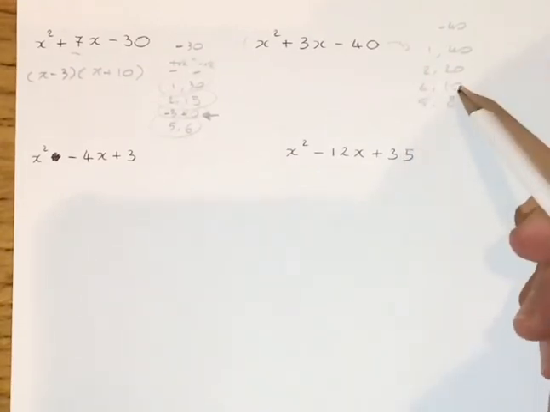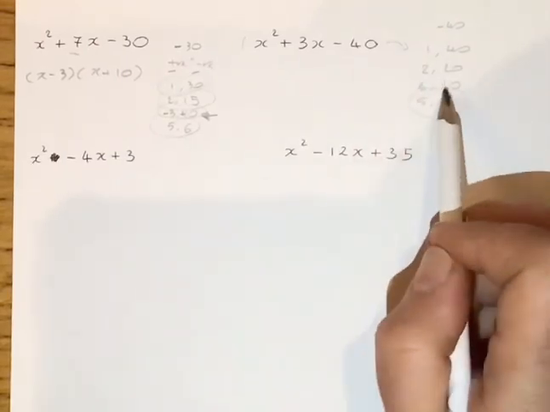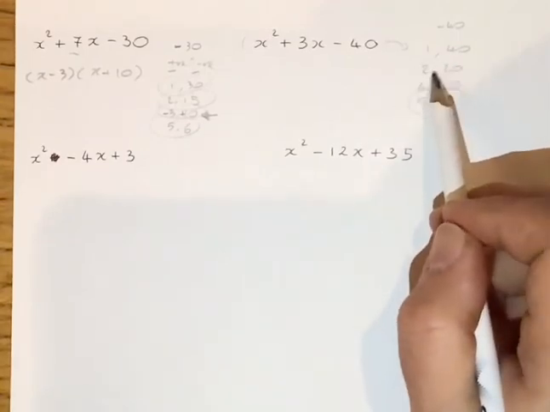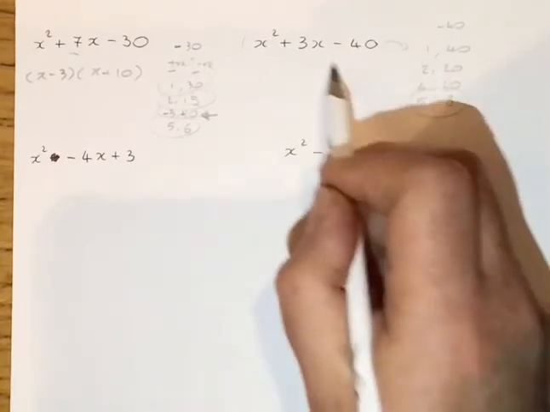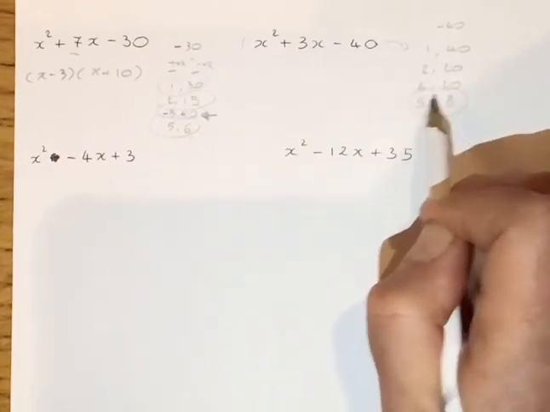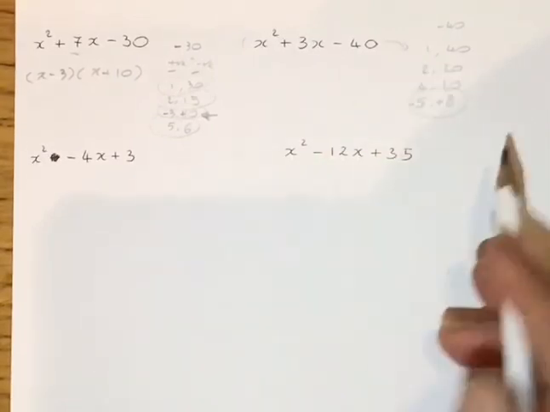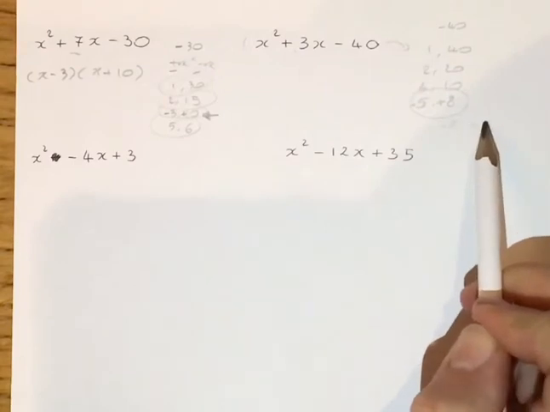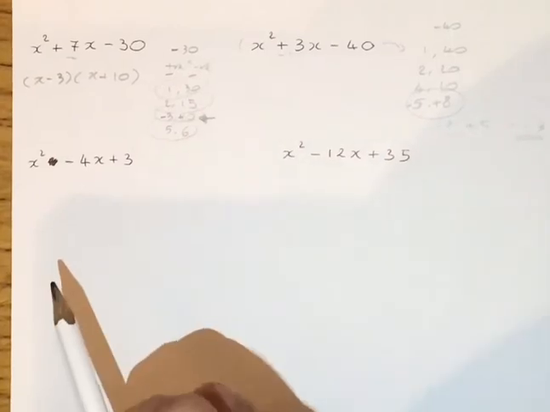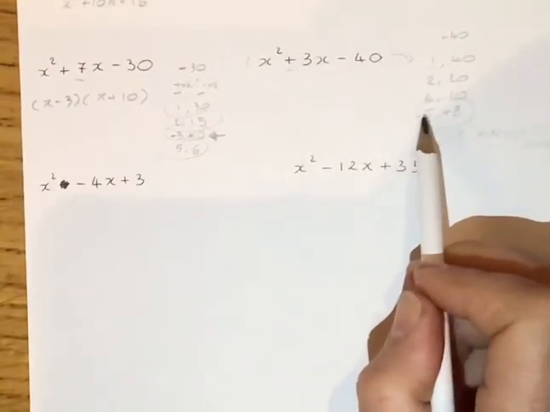To make 3, this is the only option, because the others make a maximum of 6 or 14 or 22 or 18 and so on. So to make positive 3 we have to use positive 8 and negative 5. If we used it the other way around, negative 8 and positive 5, adding them together the answer would be negative 3, not positive 3. So that's not an option. So positive 8, negative 5.